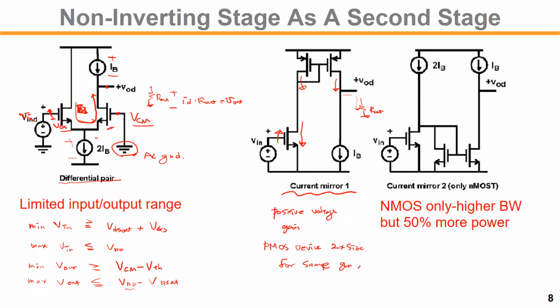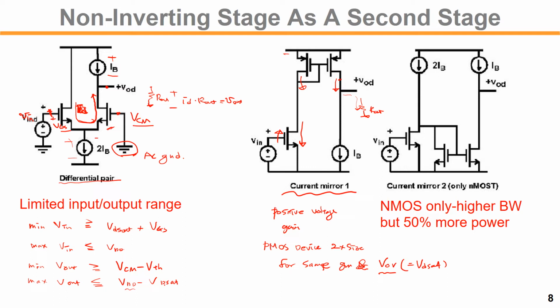What we have to look at for the sizing is GM and V overdrive, right? So this overdrive voltage is equal to what? VDSAT, right? That actually limits the range, sets the range of the output.